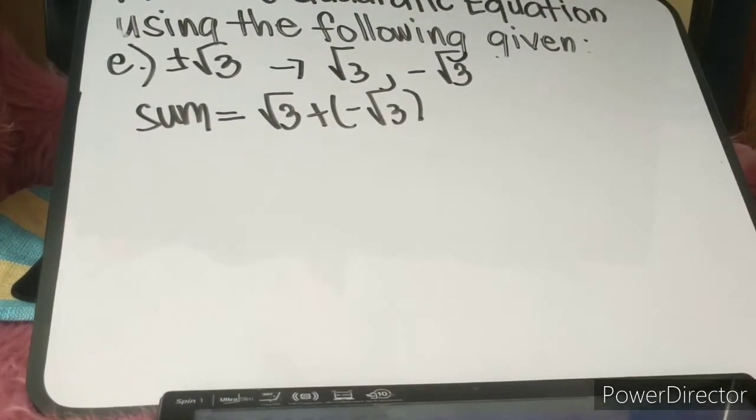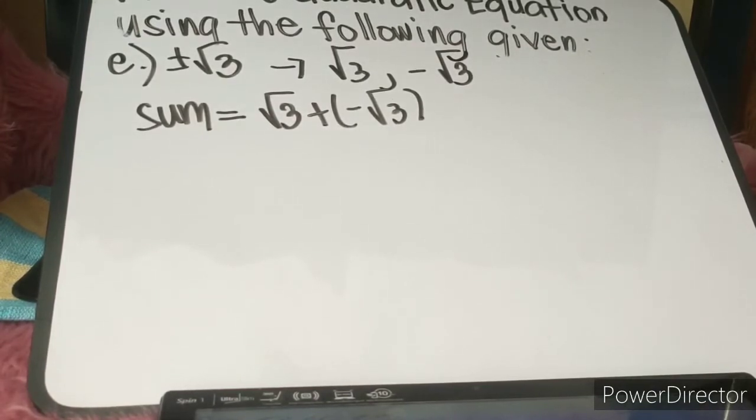At kapag po, kahit po may radical sign o wala, example, ang given po natin is positive 3 and negative 3. Kahit wala pong radical, ang lagi pong sagot niyan kasi same number siya, tapos unlike sign. So, we will be subtracting them and it will give us 0. So, wala po tayong sum kapag ganyan po.